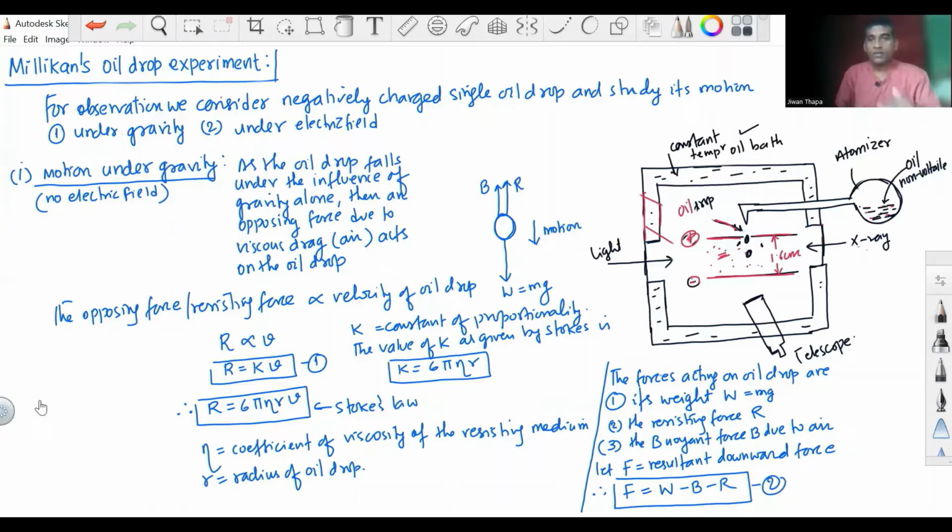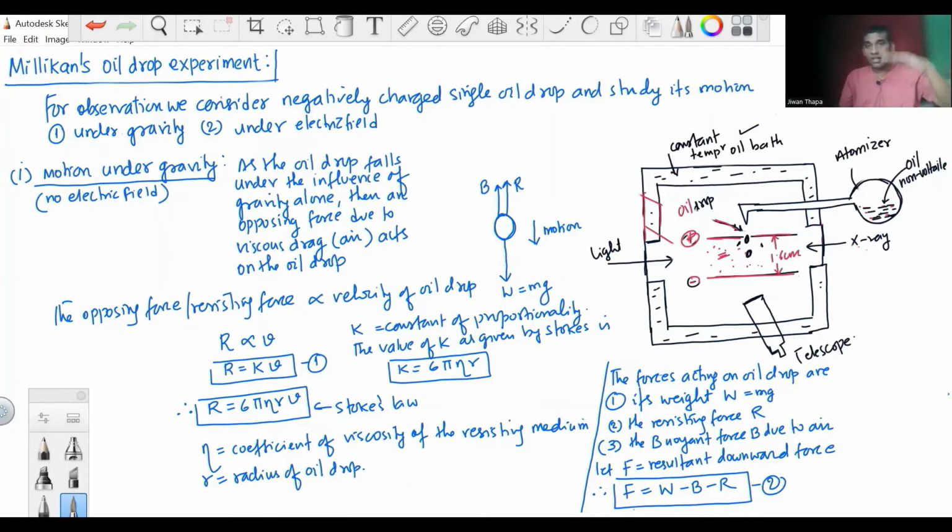The oil drop is moving downward in the presence of gravity, so there is a resultant force acting in the downward direction. So the resultant force is F. Now, from 1 and 2, we can write F equals W minus B minus K times V.